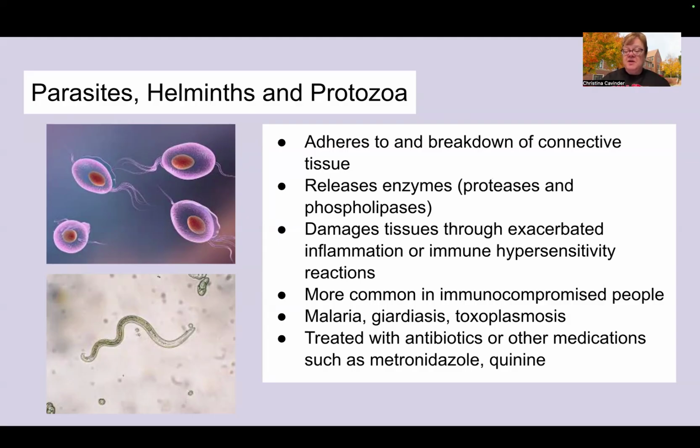Remember, phospholipids make up the cell wall, so it's damaging the cell wall. So you have extensive tissue damage through exacerbated inflammation and then that immune hypersensitivity reaction. More common in immunocompromised people. Most of us can fight off some of these and it doesn't become a huge issue.